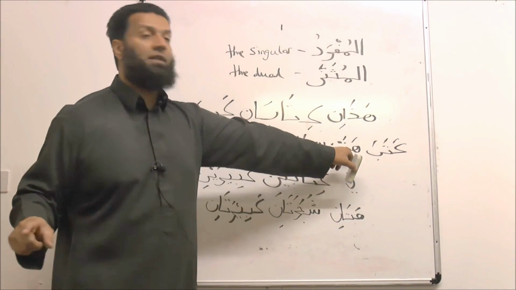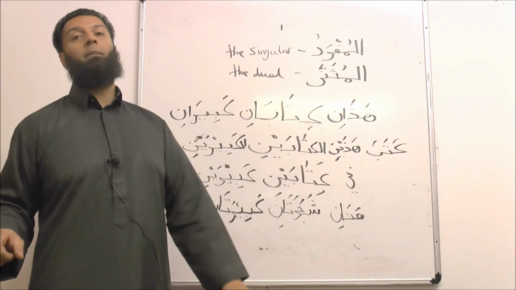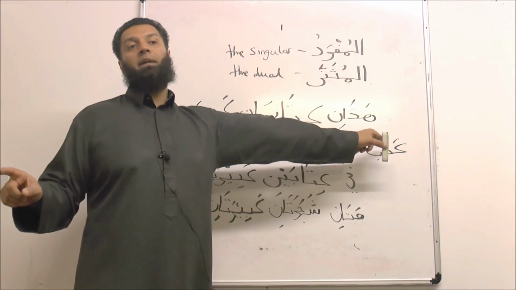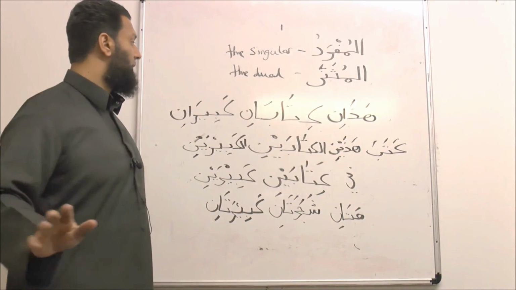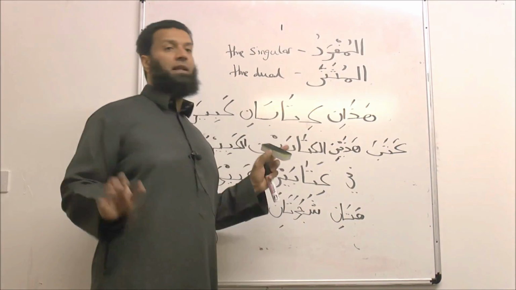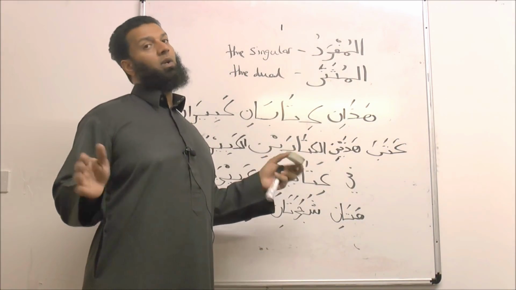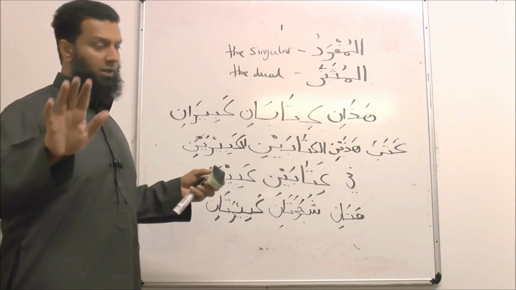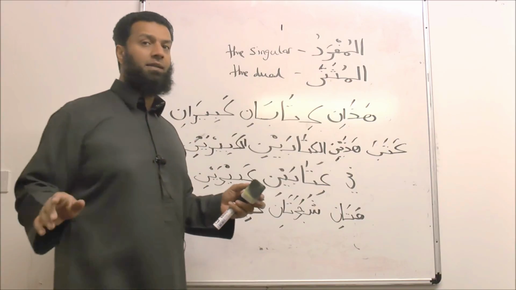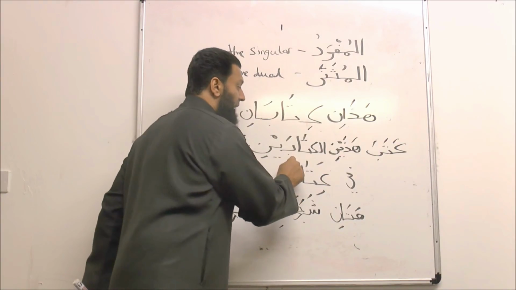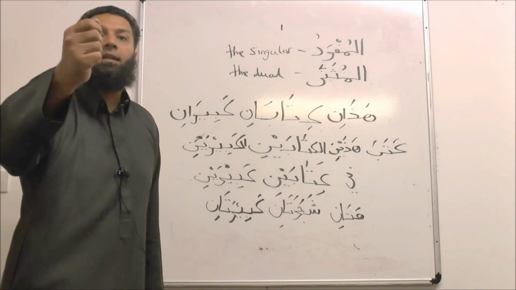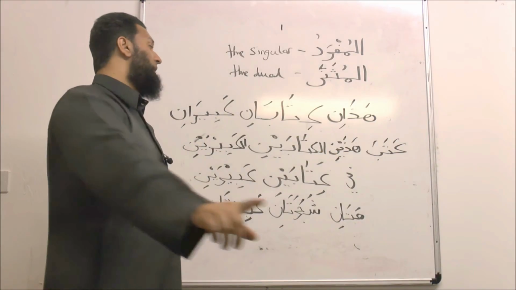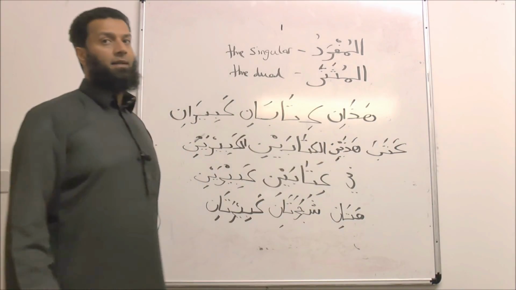That's why it's considered to be the maf'ul bihi fi mahall nasb. It's a maf'ul bihi of kataba. Al-kitabaini is called al-badal, which we haven't done yet, but don't worry about that. The point is that al-kitabaini is a substitute in Arabic grammar for hadaini, and therefore it takes the same state.